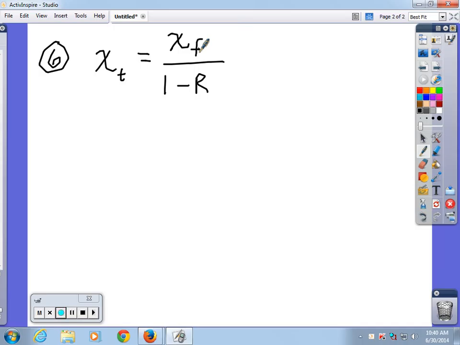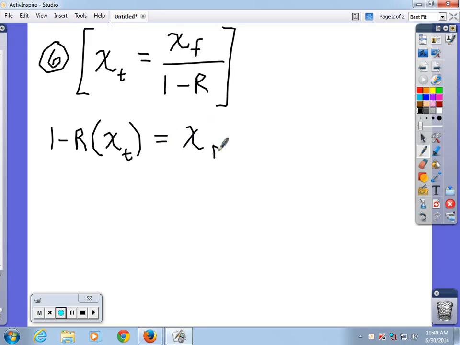How quick can you do it? 1 minus r times x of t equals x of what? And in fact, I'm going to take off those parentheses and put them around 1 minus r. Now, they want you to solve for r.